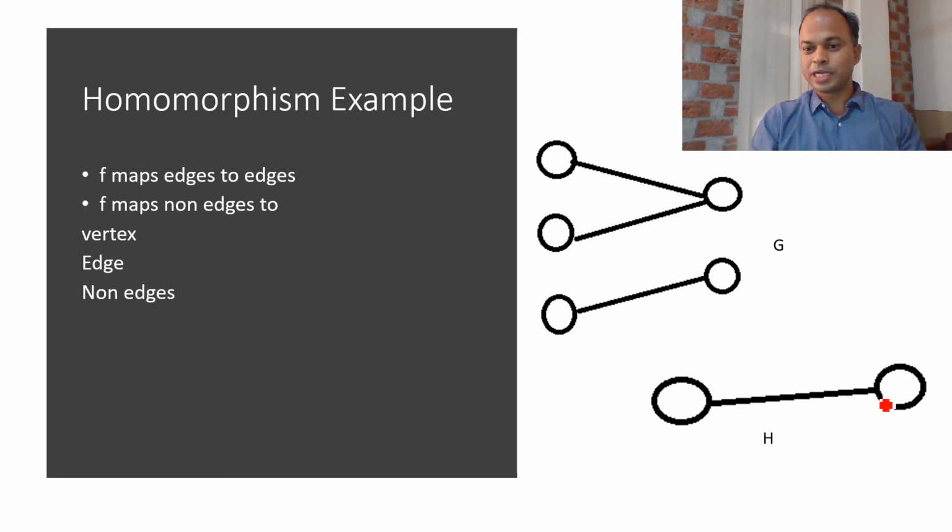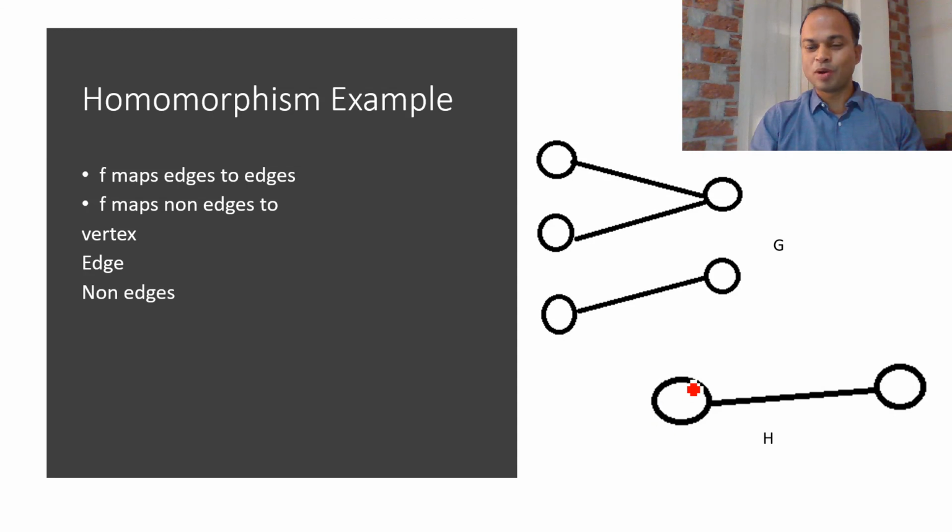Similarly, from this point to this point the edge exists, and for this edge as well. I mean, mapping from edges to edges exists; both G and H are equivalent.